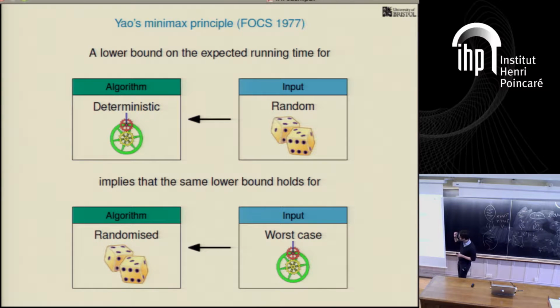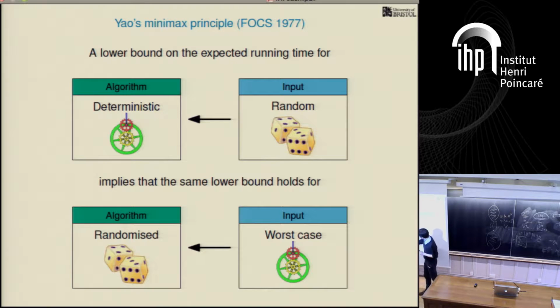By Yao's minimax principle, this will imply that the same lower bound holds for a randomized algorithm on its own worst input. So we're going to define an input distribution, show that for that random input distribution, any deterministic algorithm has some lower bound. This will immediately imply by Yao's minimax principle that any randomized algorithm would have at least that cell probe complexity on its own worst input.